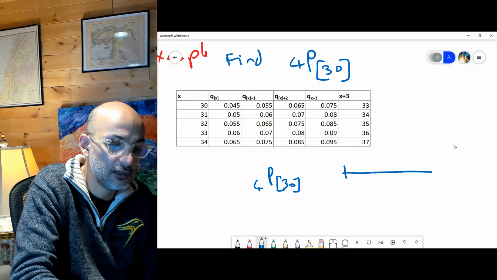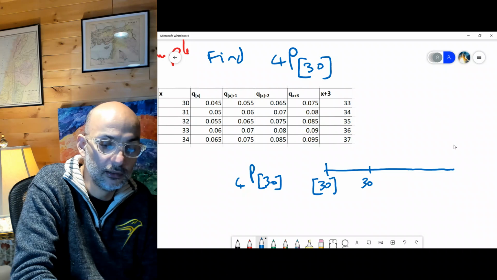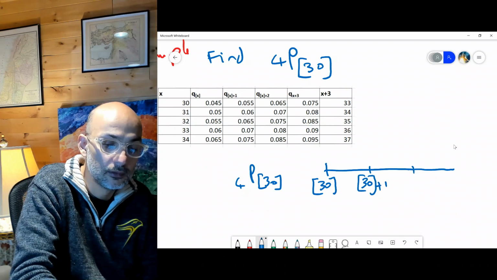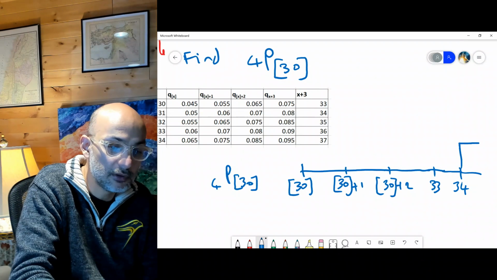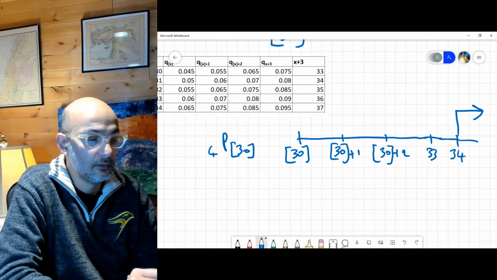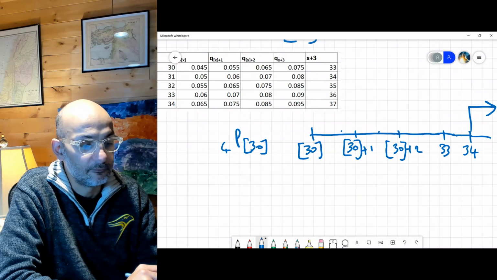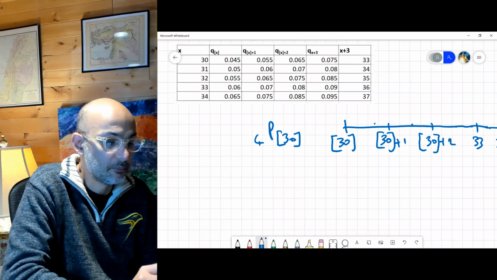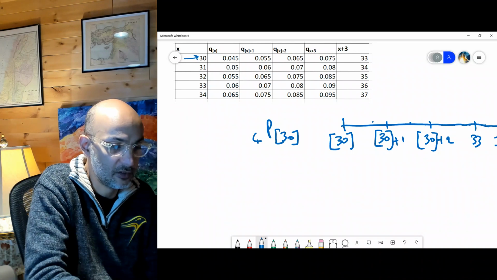So at age 30, the individual is selected, right? So we have now 30. We don't write 31, we write 30 plus 1, 30 plus 2, then 33, 34. So for this individual, what's the probability to survive 4 years? So 1, 2, 3, 4. We need 4 years of survival. Simple, right? For this, we need to look at this individual and trace the probability.